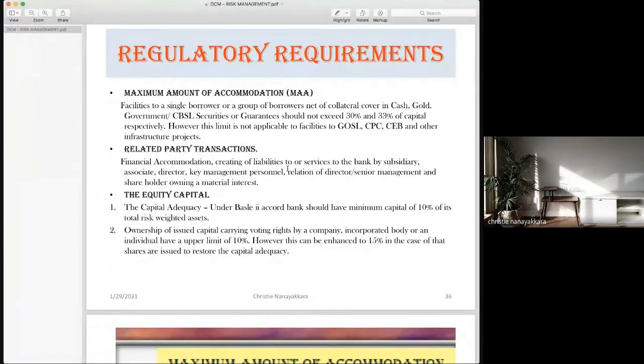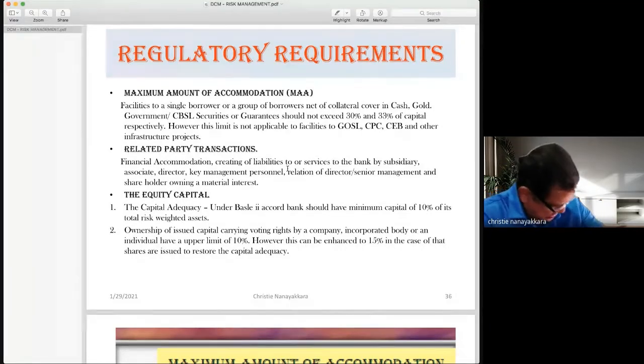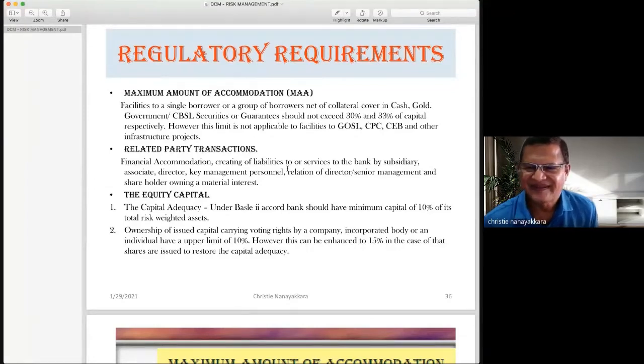This is an international regulation, and as a result, they have come up with some accords, and those accords are called Basel Accords.